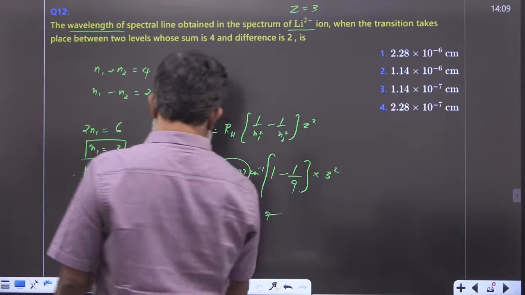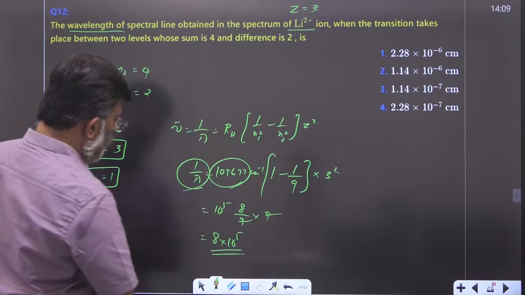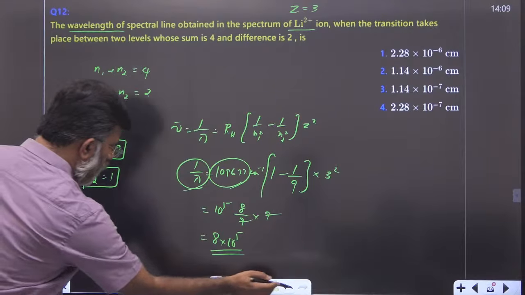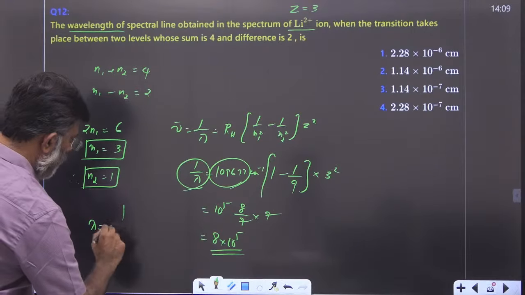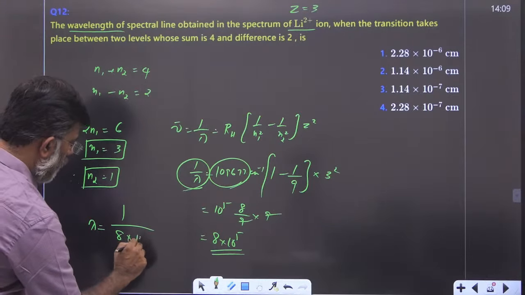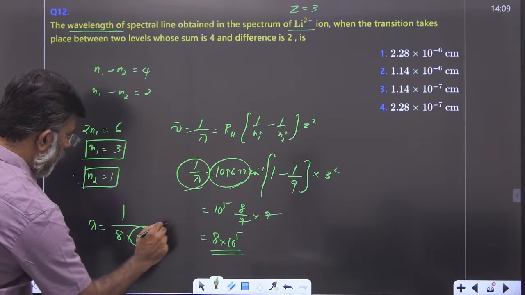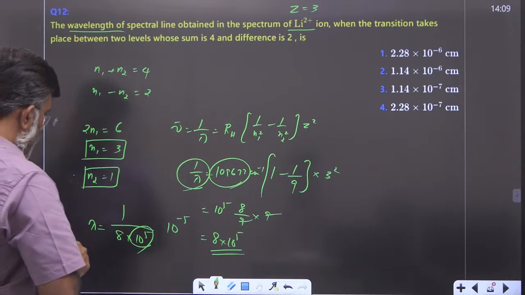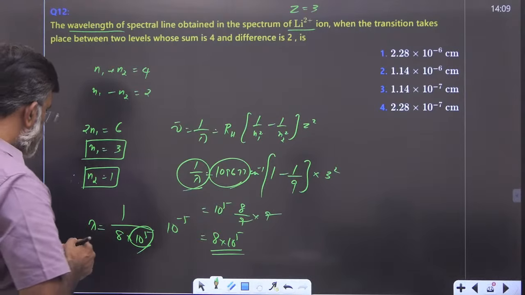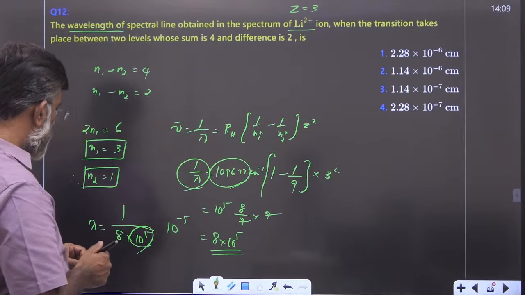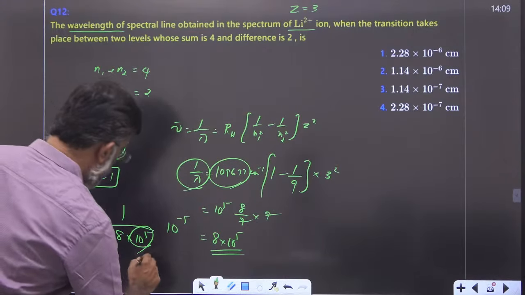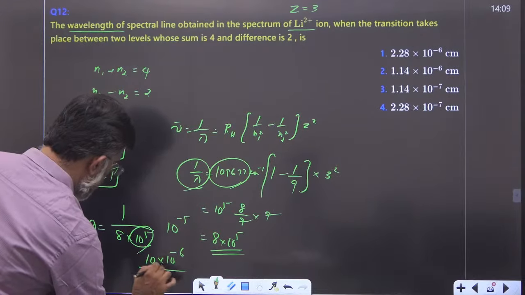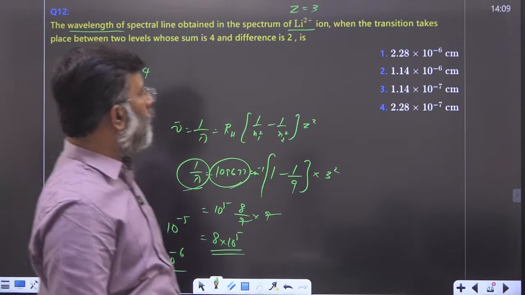Sorry, that is 1 by lambda. We want lambda. Lambda equal to ഇതിന്റെ റെസിപ്രോക്കൽ കേട്ടോ. So it is 1 by 8 into 10 raised to 5. ഇത് മേളിലേക്ക് പോകുമ്പോൾ 10 raised to minus 5, 1 by 8, or 10 into 10 power minus 6 by 8. 1 point something into 10 power minus 6.